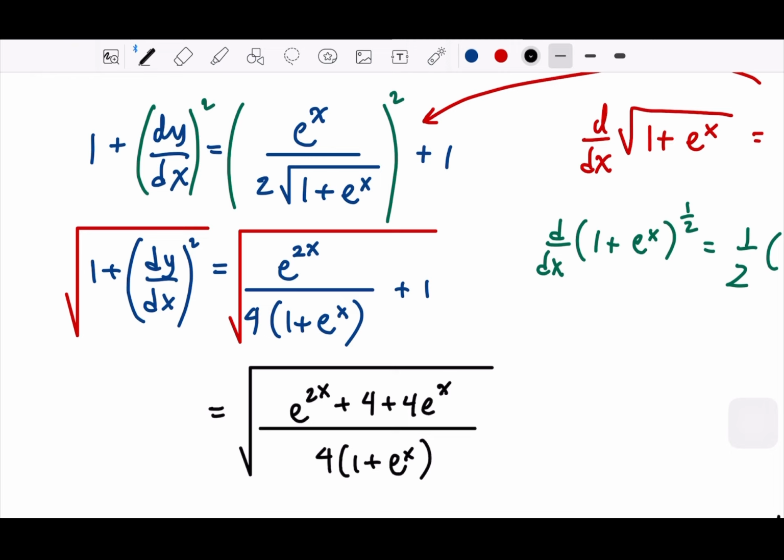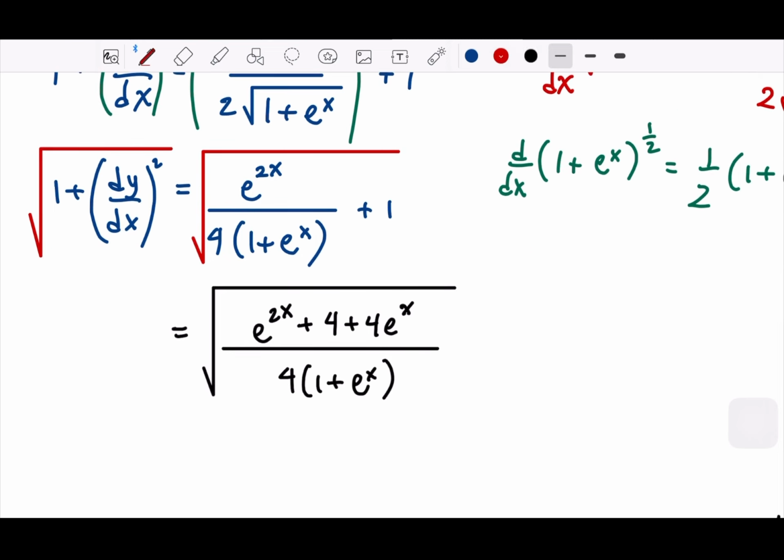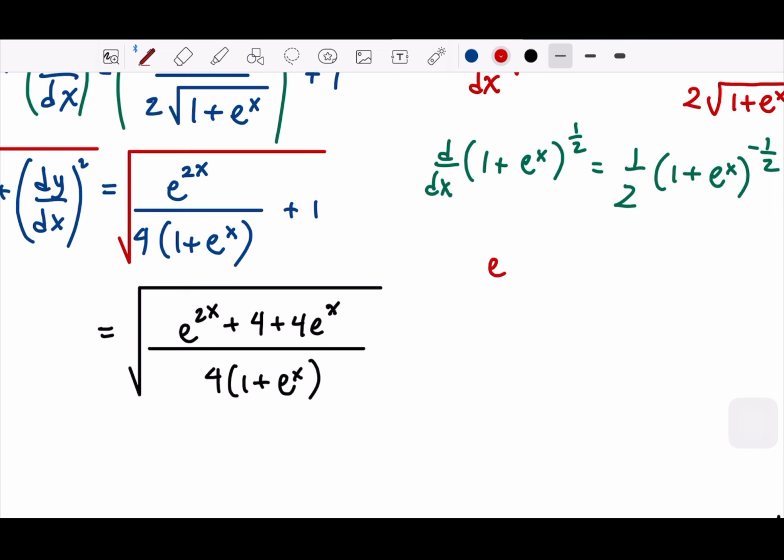Because this has a square here, and perhaps this has relations. So if we have e to the x, and then 4e to the x, and then plus 4, this comes from e to the x squared. This comes from 2 squared. So perhaps we can combine this together.